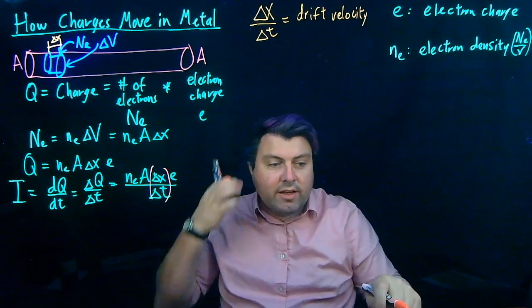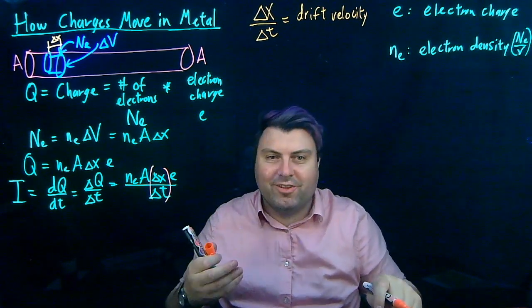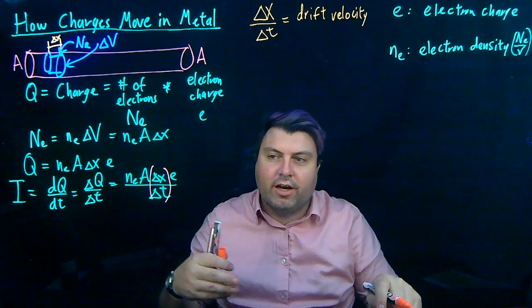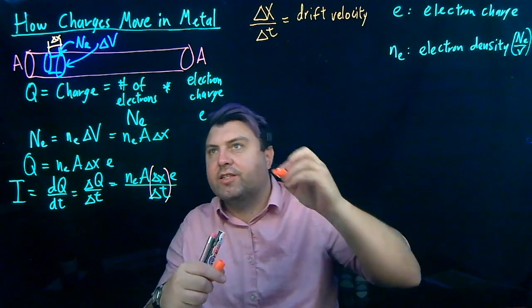It's a velocity, but we don't really use the drift velocity itself. We think of what's going on with the drift velocity.